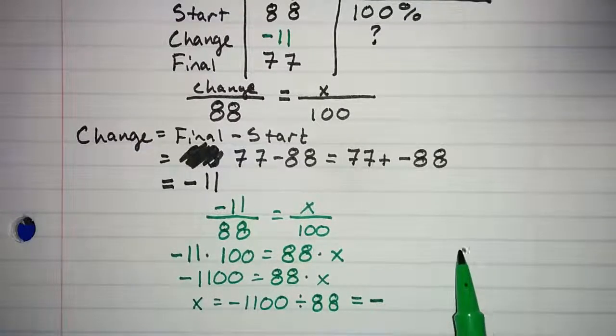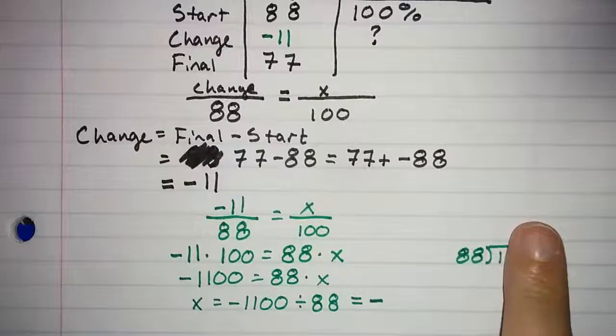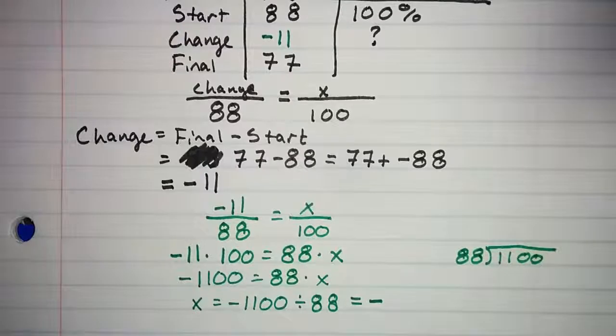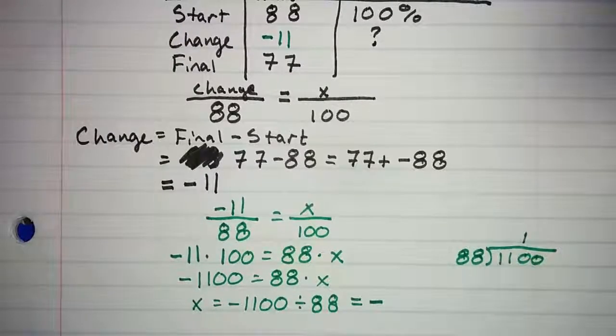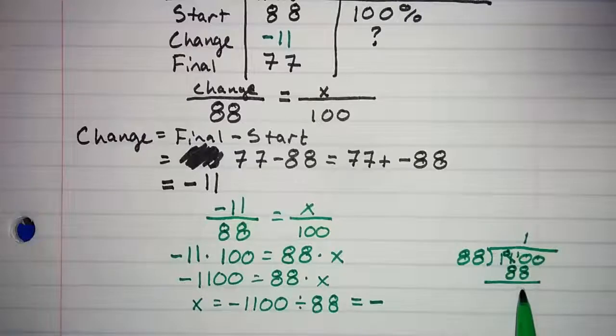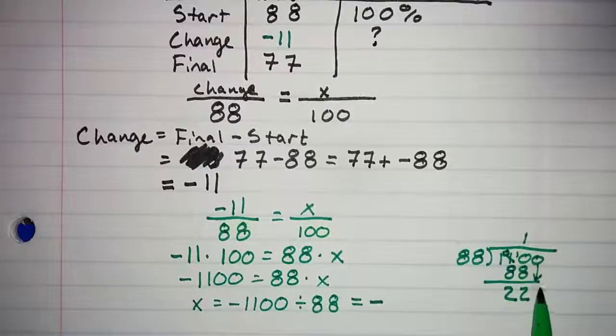Let's do long division to find out what number. 88 goes into 1, no. Into 11, no. Into 110 once. 10 minus 8 is 2. 10 minus 8 is also 2. Bring down the 0. 88 goes into 220, 2 or 3 times.